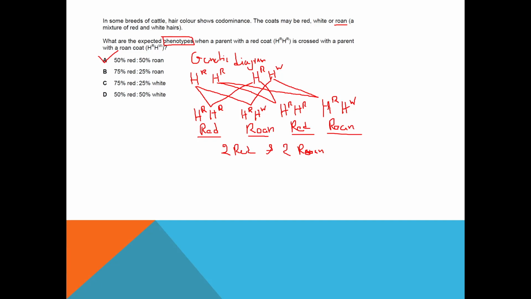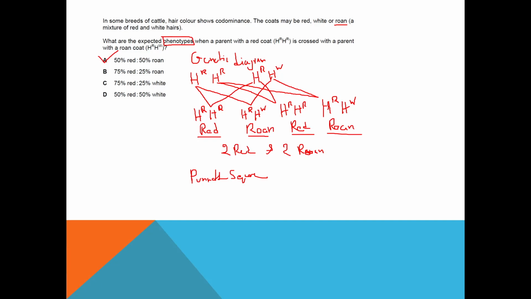Alright. Now let's redo this question by using a Punnett square. For a Punnett square, you just use boxes, rather than the lines that we used in the genetic diagram.